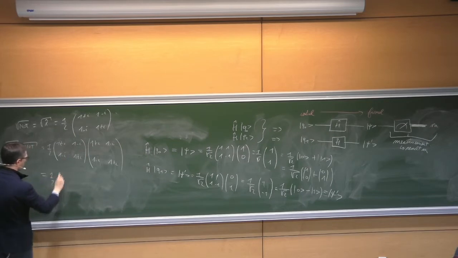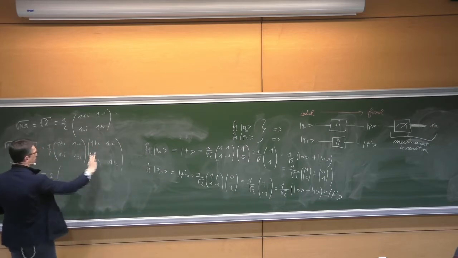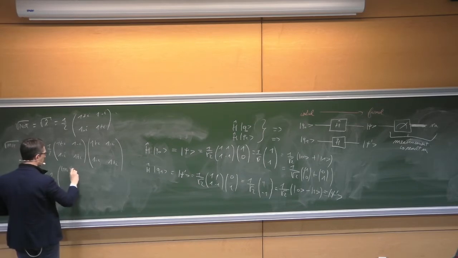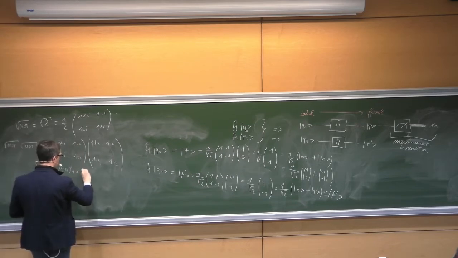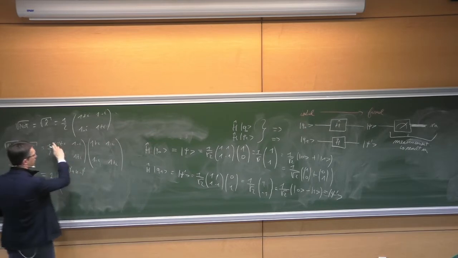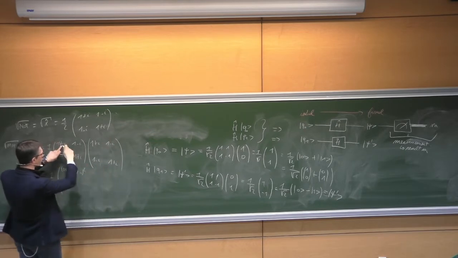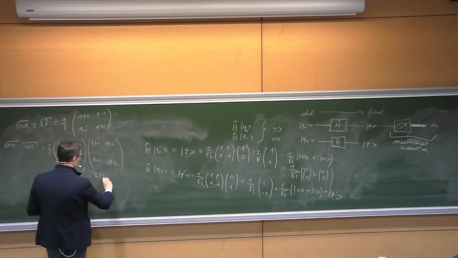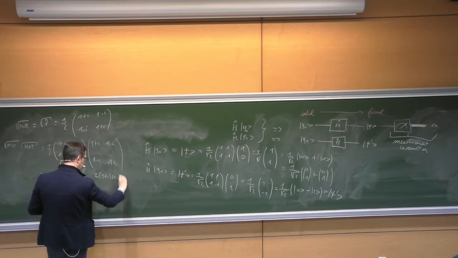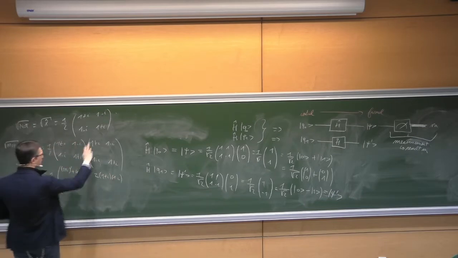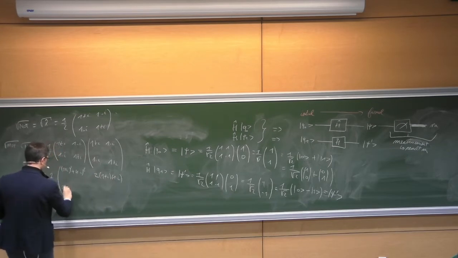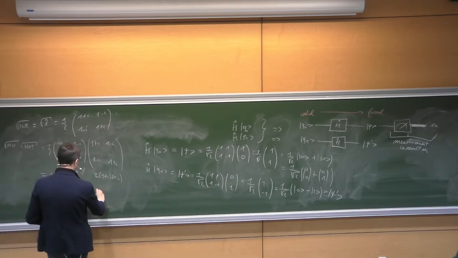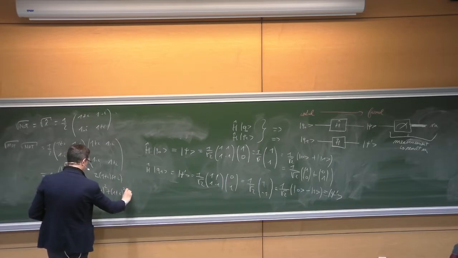So I'm going to have 1/2, and then this times this, that's (1 plus i) squared plus (1 minus i) squared. And then I have this times this. In this case, I've got (1 plus i)(1 minus i) and (1 minus i)(1 plus i). So that makes 2(1 plus i)(1 minus i). And then this term is going to be the same as this one, so (1 plus i)(1 minus i). And then this times this, which is (1 minus i) squared plus (1 plus i) squared.